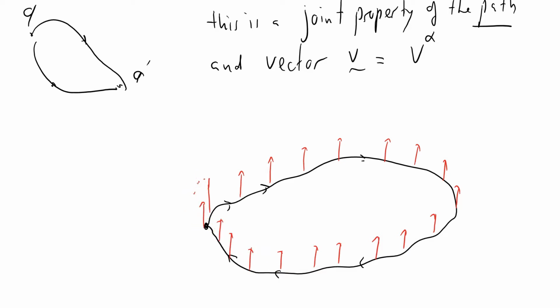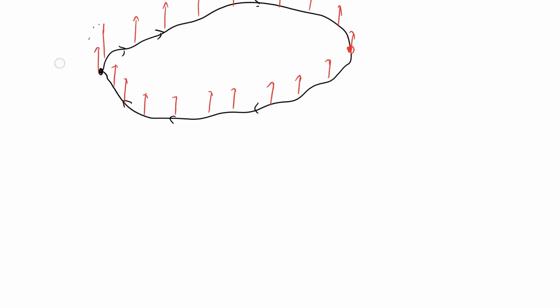There's no difference. So it doesn't matter if I go along the path that way or that way, I get the same answer. Path independence means when you go around a closed loop, your vector points in the same direction, with the same magnitude as well. Now, of course, that's true on a flat plane.